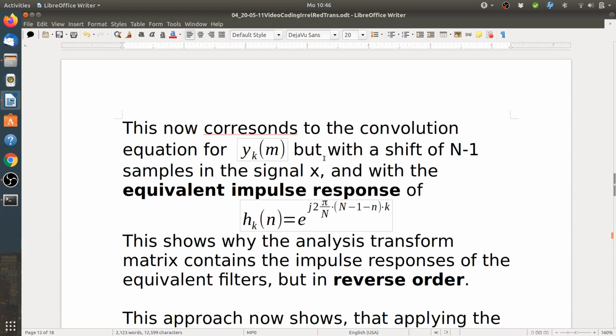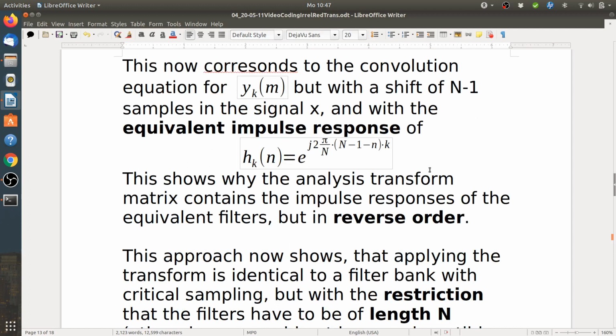for yk of m, but with a shift of n minus 1 samples in the signal x, and with the equivalent impulse response of this. So now we see that hk of n is e to the j 2 pi over capital N times n minus 1 minus n times k. So this is now our equivalent impulse response. And this is quite practical because now we can analyze it.